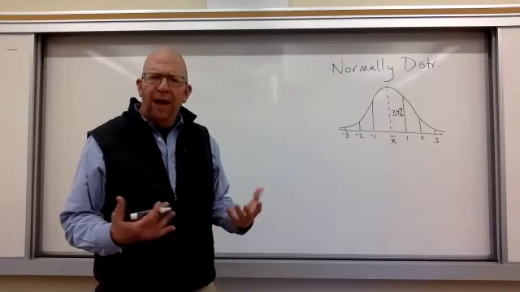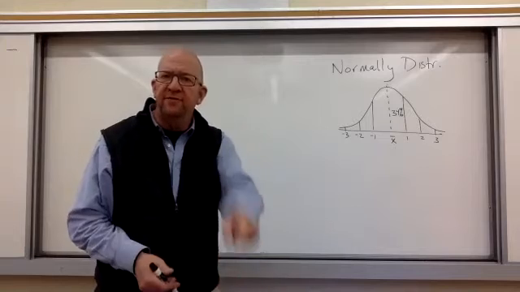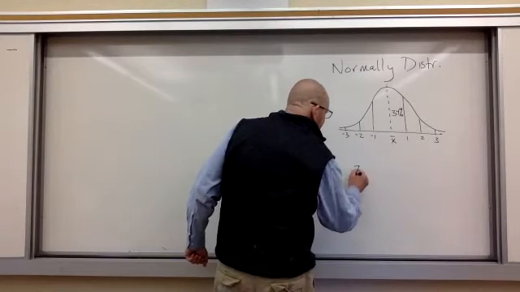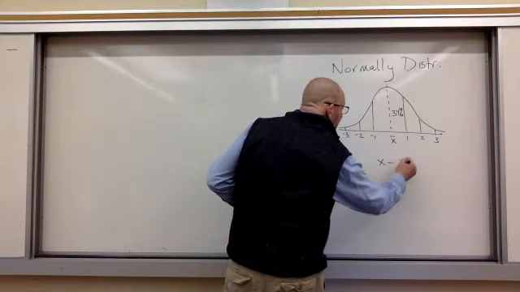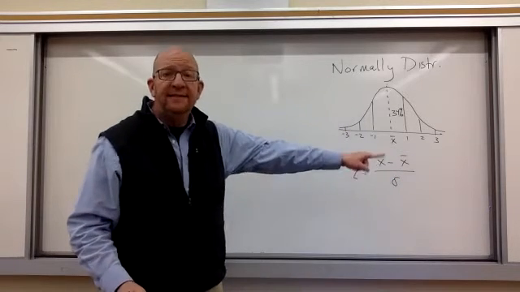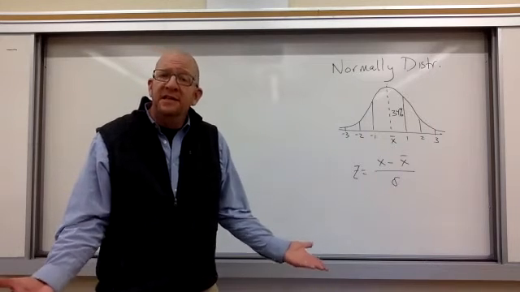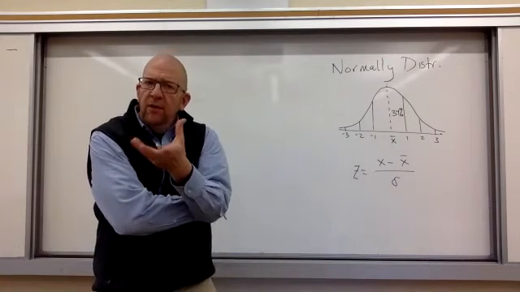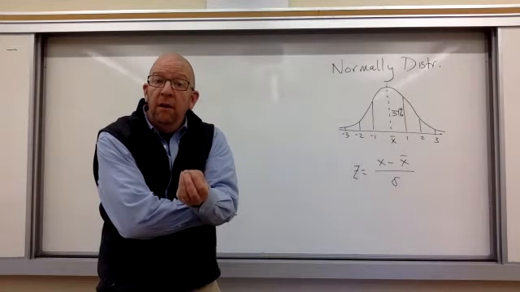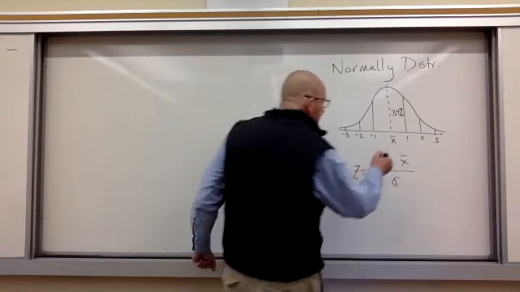Now, how do we convert from SAT scores to touchdown passes? Funny you should ask. This is the z-score formula. Your data point minus the mean, divided by the standard deviation. That gives you a z-score. So think about it. The mean itself will have a z-score of, that's right, 0.